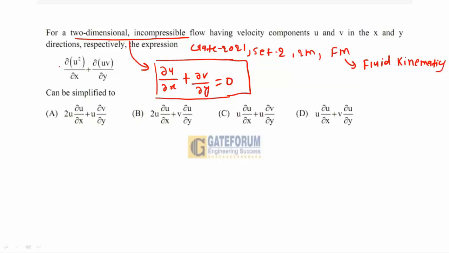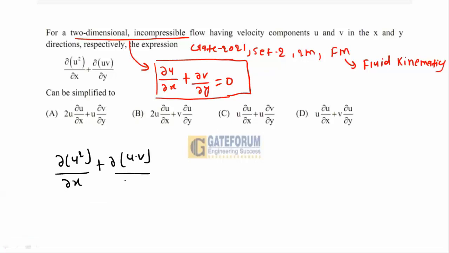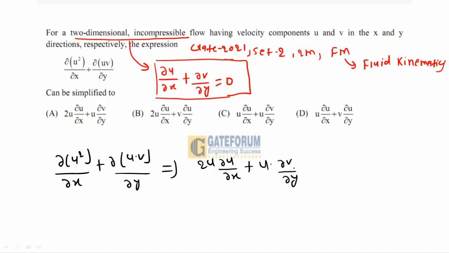Okay. Now I have to simplify the given equation. So we can say del u square upon del x plus del uv upon del y. Now just differentiate, and tell me what you are going to get. You will get 2u del u upon del x plus, in partial differentiation, u del v upon del y plus v del u upon del y.